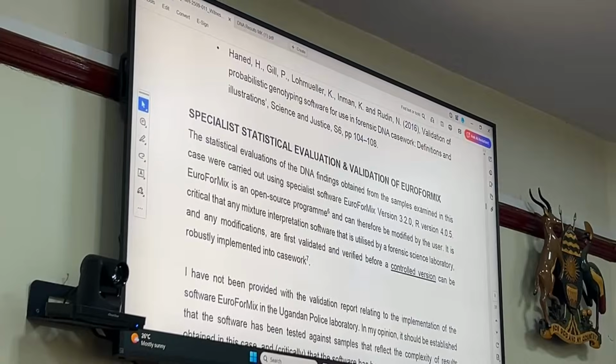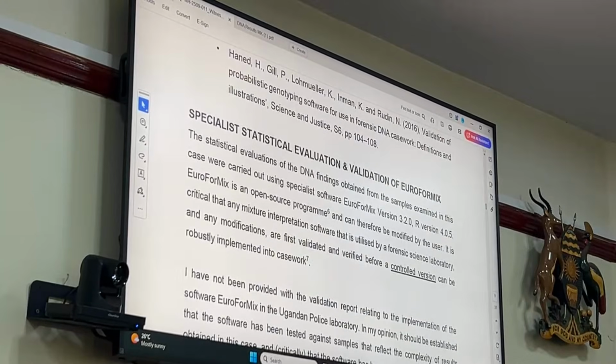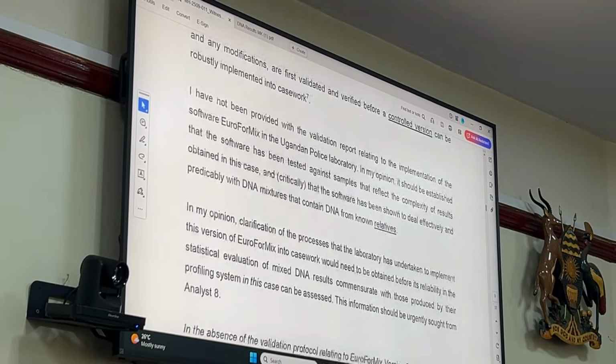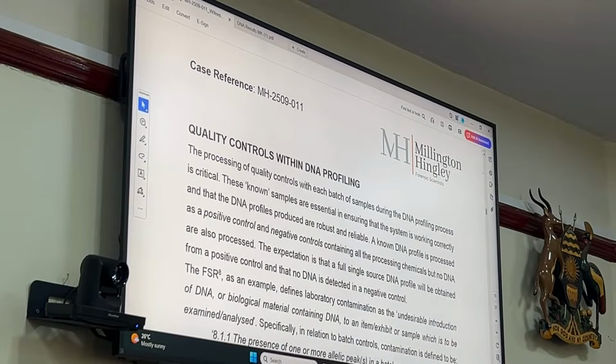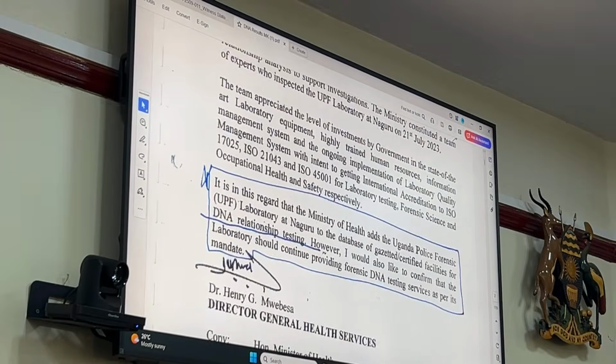From those documents, I'm able to determine that batch sampling was in place. So they process batches of samples together. Can you, from the electropherograms, briefly show my lord how you can do that? Yes.